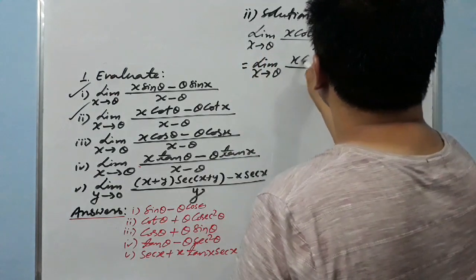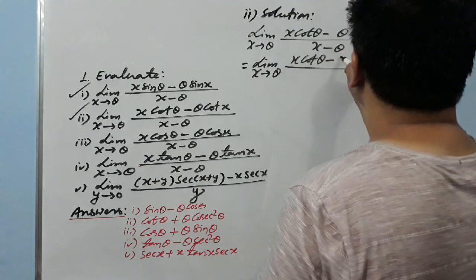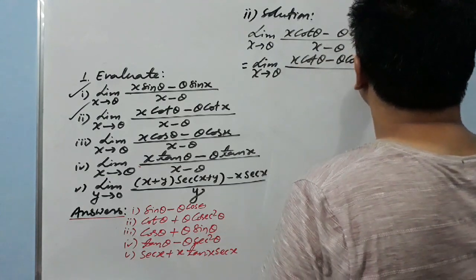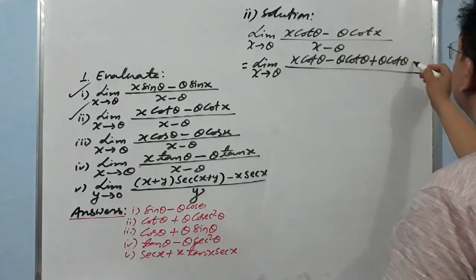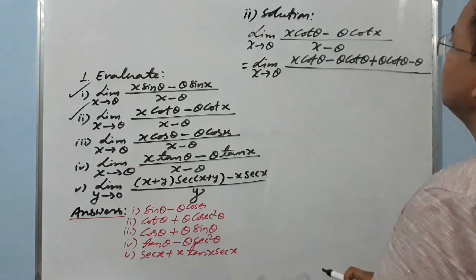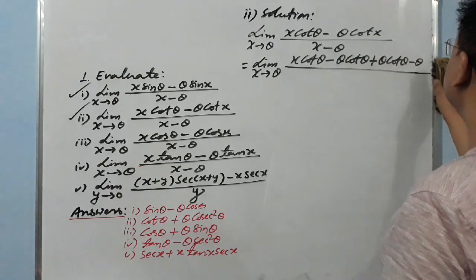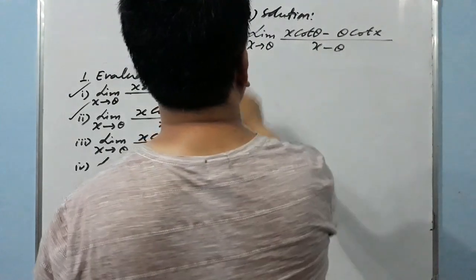I think now you understood. You have to subtract theta cot theta and add theta cot theta, minus theta cot x. I couldn't get space here, let me start from here.